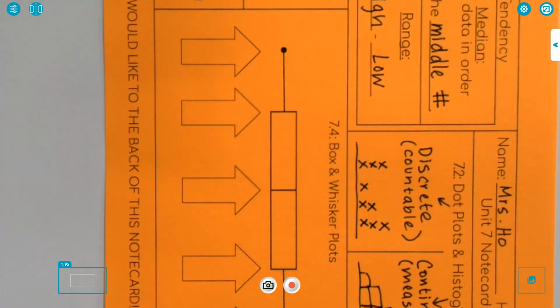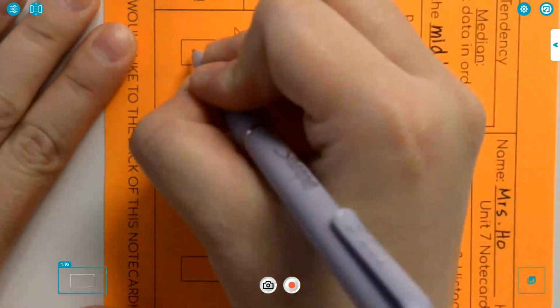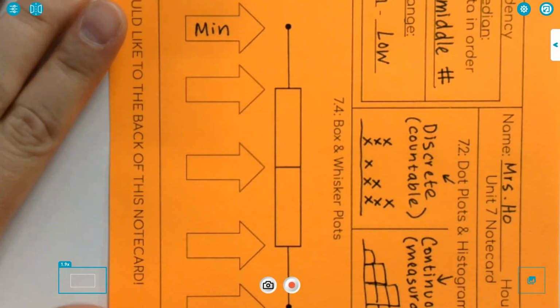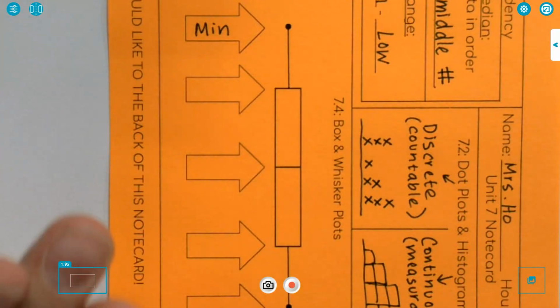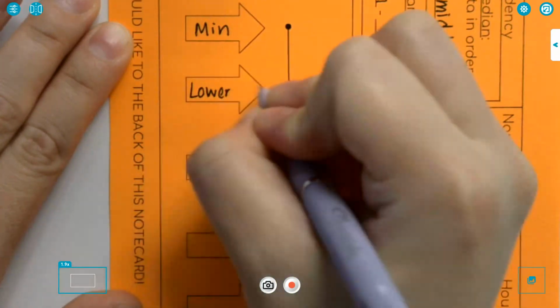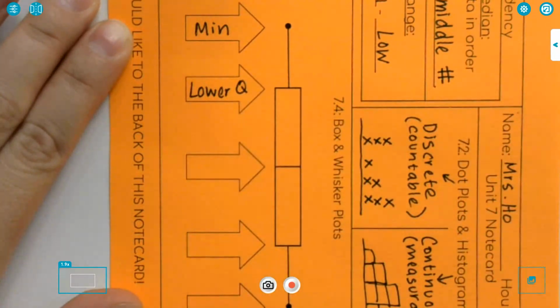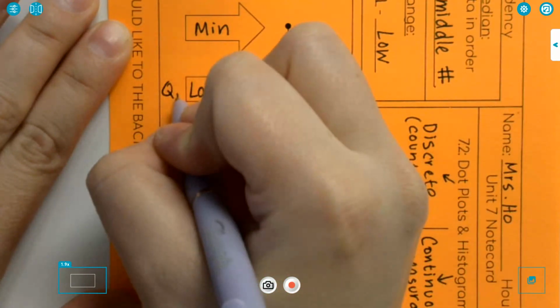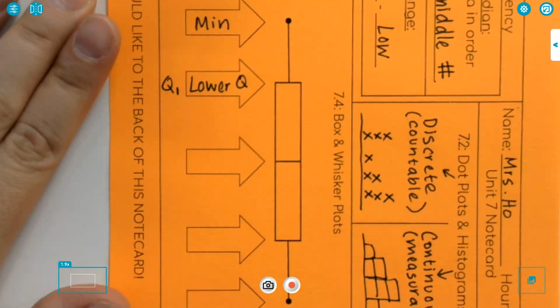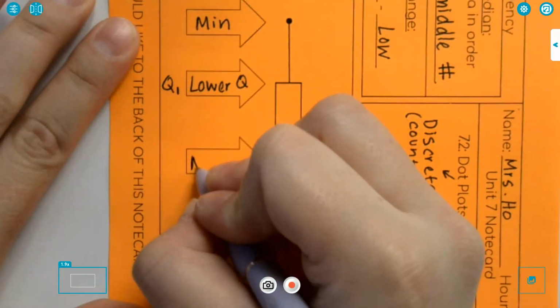So from left to right, or I turned it, so bottom to top, the farthest left thing is your minimum. And then the left side of your box is your lower quartile. I'm just going to call that lower Q. And if you want to label that, that can be Q1 as well. The middle of your box is your median.